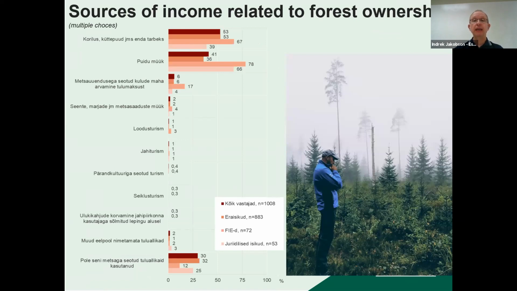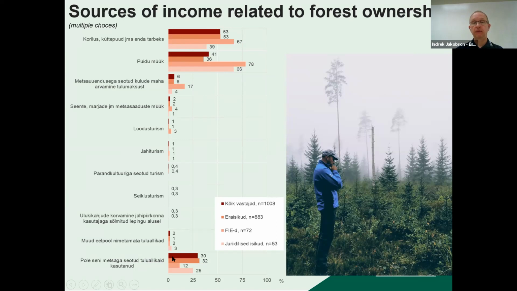Talking about income, which is related to forest ownership, here we see two big parts. First is picking anything, and wood for heating, just for oneself, more than half. And a bit less than half have an income source just from selling the wood.